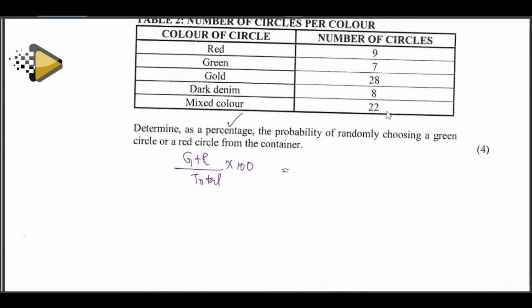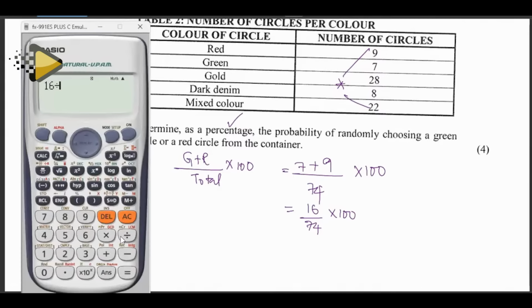So let's come here. Green 7, red 9, over how many numbers? When we add these numbers, what do we get? We end up having 74, which is times 100. This is the same as 16 over 74 times 100. They said as a percentage, that's why we are multiplying by 100.